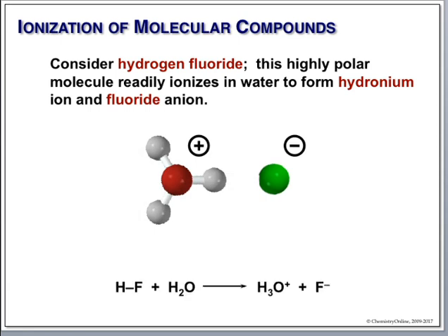What we have done is taken the polar covalent bond, we have broken it, we have formed an anion and hydronium ion. This is the concept of acidity. When we say an acid in solution, we're talking about the presence of hydronium. H3O plus, this guy, is what we mean when we say an acidic solution.